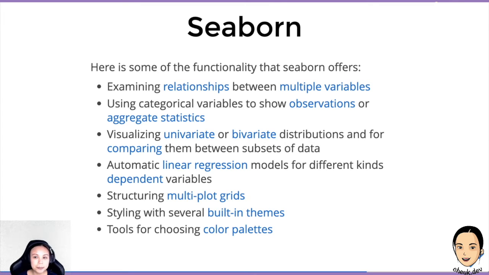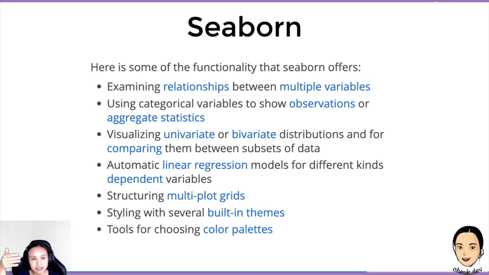For example, you can plot multiple variables easily, so it's good. And with categorical variables, you can easily make comparisons and statistics out of them. You can also make a subset of data and visualize them. You can do linear regression. This is actually useful, because you don't have to create the linear regression and then put it on top.